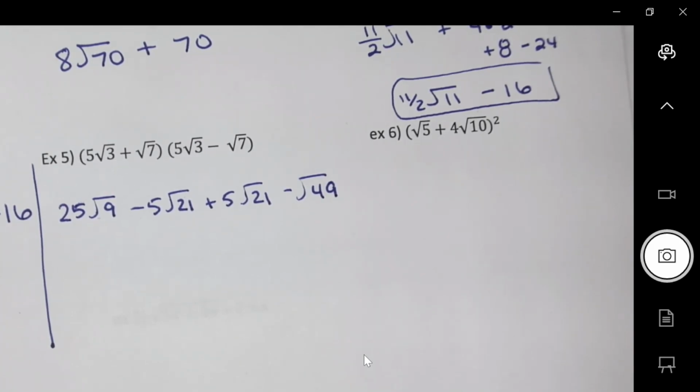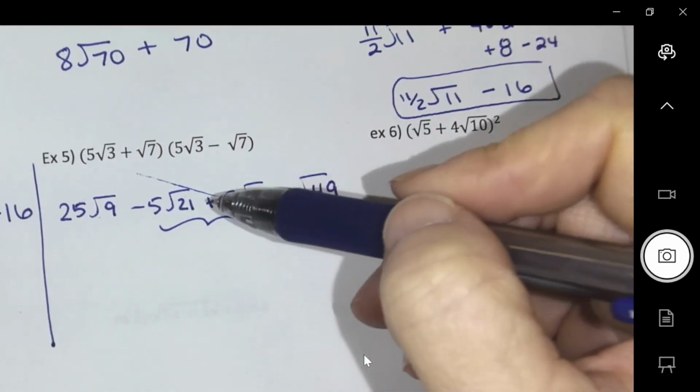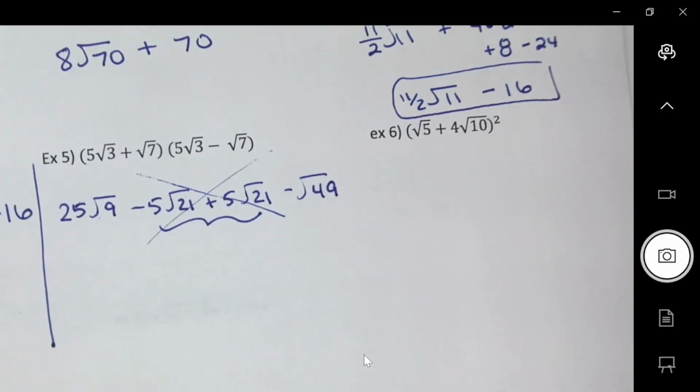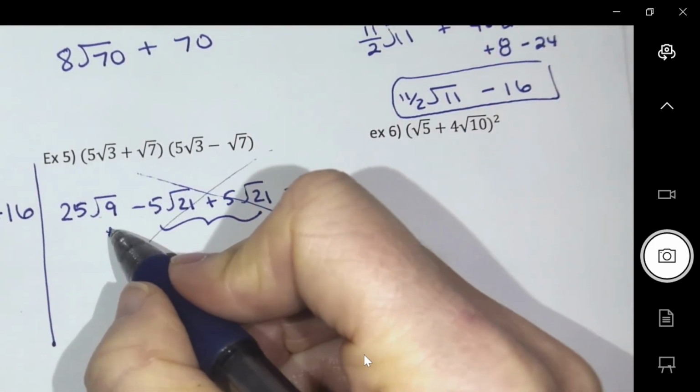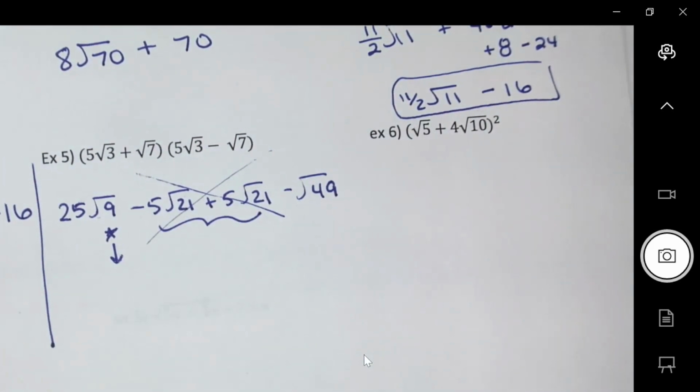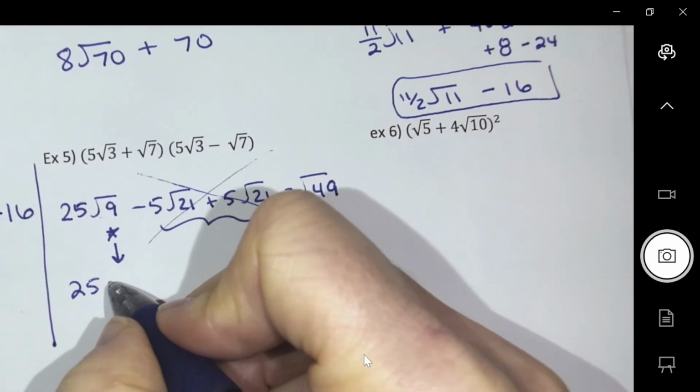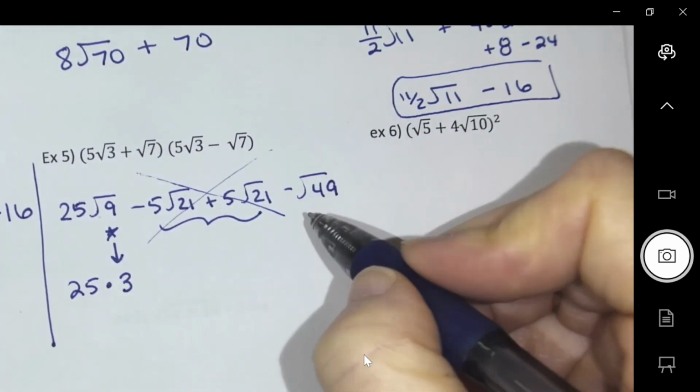Okay, here is something that happens. What happens with that? It just cancels. It makes 0. It adds to 0. And I'm going to change, because the root 9 I can break down, so 25 times 3.